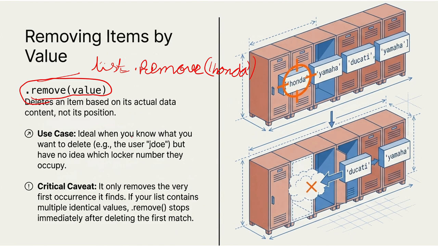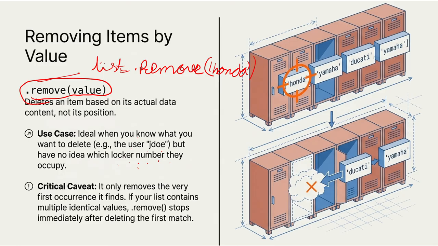In the ideal case, when you know what you want to delete but have no idea which locker number they occupy, as I told you, you know the value of the item but you don't know its position, so in that scenario you will use the remove method.